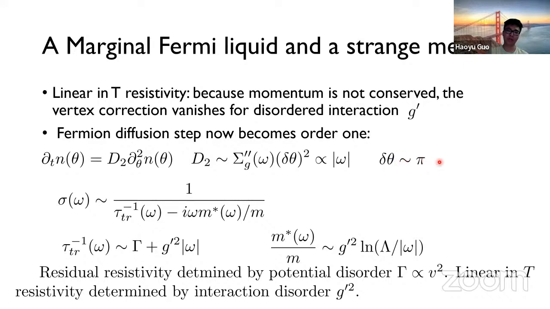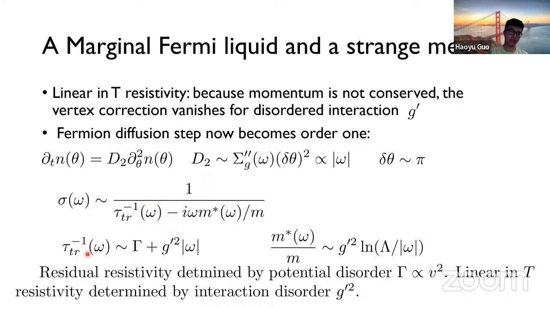It can be order 1. For example, the largest one could get pi, but generically it's an order 1 number. Then this diffusion coefficient is only determined by the self energy, which is linear in omega. So finally, in the conductivity, you could get the following term.